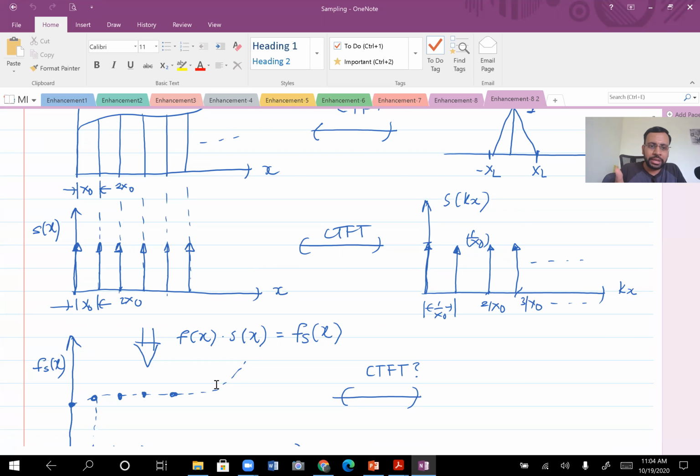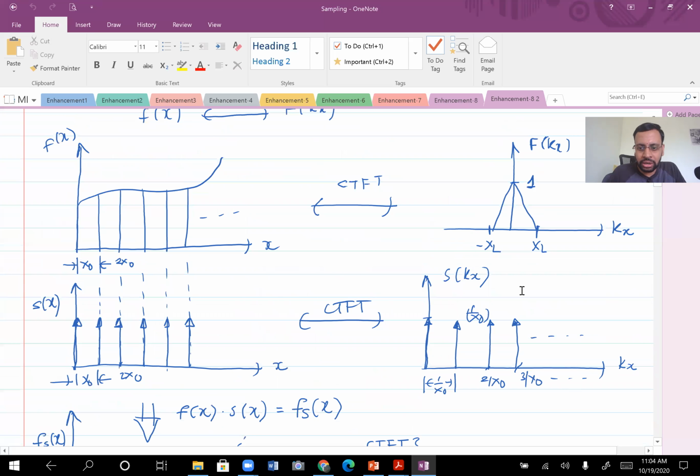Multiplication in the spatial domain is equal to convolution in the frequency domain, right? So you are going to convolve it with this impulse train. So an impulse train, you could think of as a summation of all shifted impulses, of course at 0 plus all impulses that are shifted by, if the original impulse train samples are taken at x naught, here the placing will be an integer multiple of 1 by x naught. So that's what is going to happen.